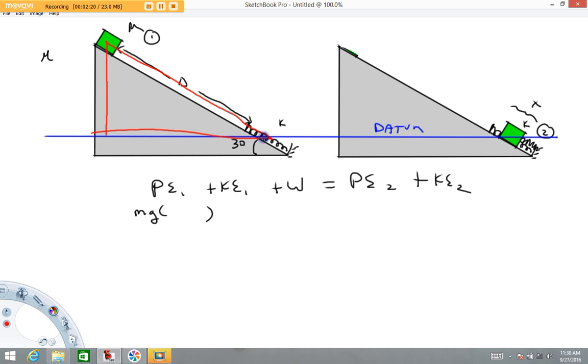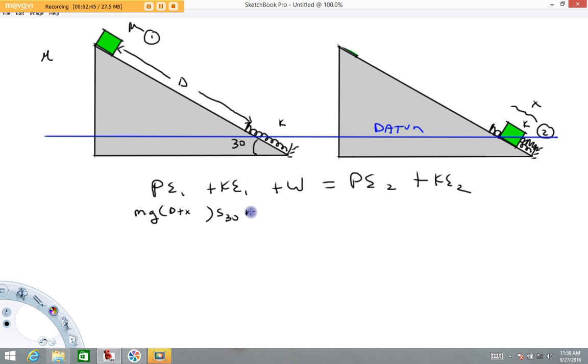We also probably should include that x term. So the hypotenuse is d plus x. The height we need is here, opposite the 30-degree angle. So that's going to equal (d plus x) sine 30. There we go. So mgh, and the h is (d plus x) sine 30. And again, that gives that height right there.